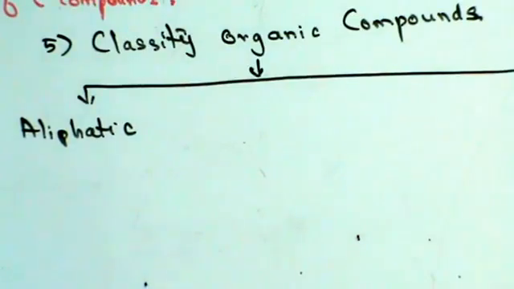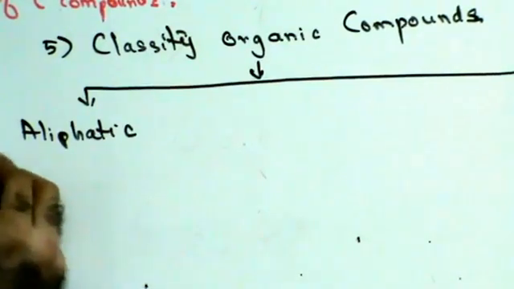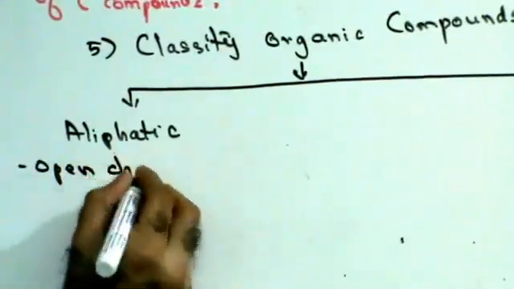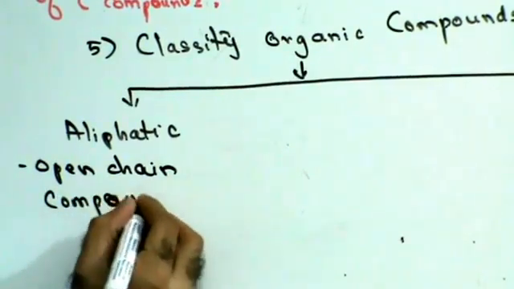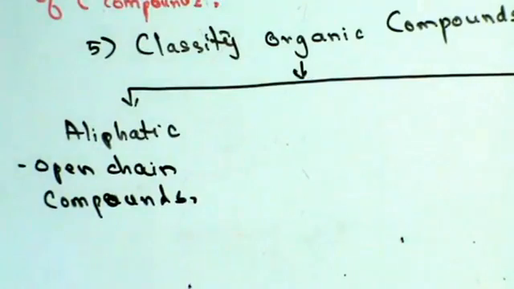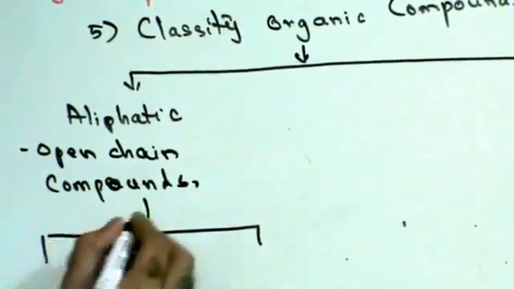Right? Aliphatic, what are aliphatic compounds? These are open chain or straight chain compounds. Right? Now, aliphatic compounds are further classified into saturated and unsaturated.